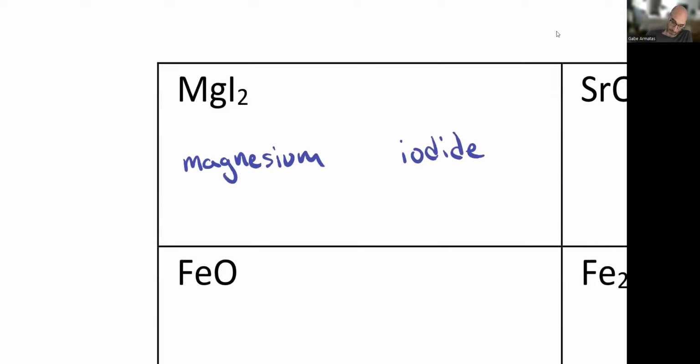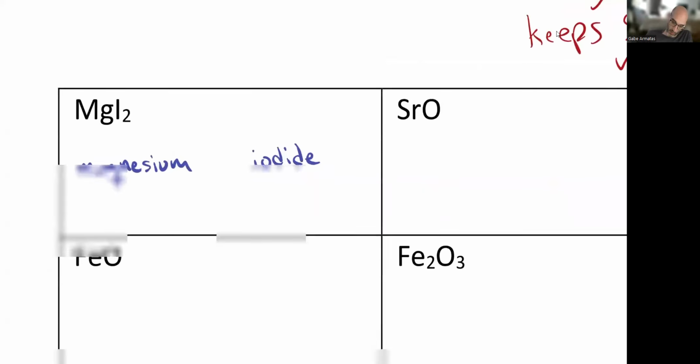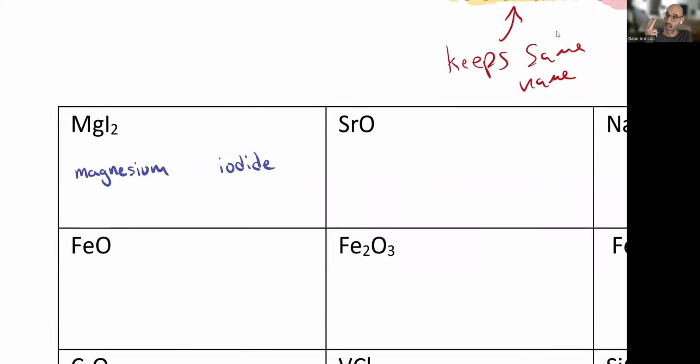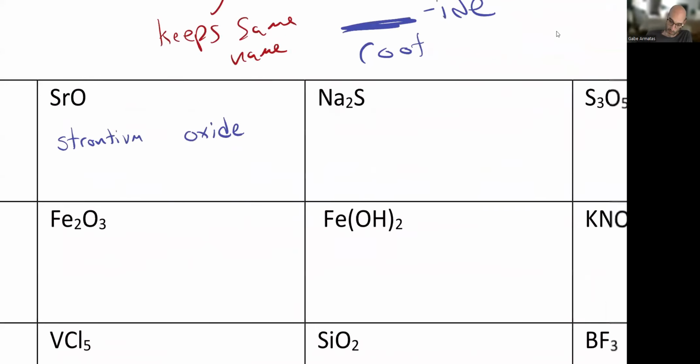Next, SrO, is that binary? Yes, it has two things present: strontium, oxide. Oxygen becomes oxide. Strontium oxide. All right, leaving space in between. We're going to come back to these if we need to.